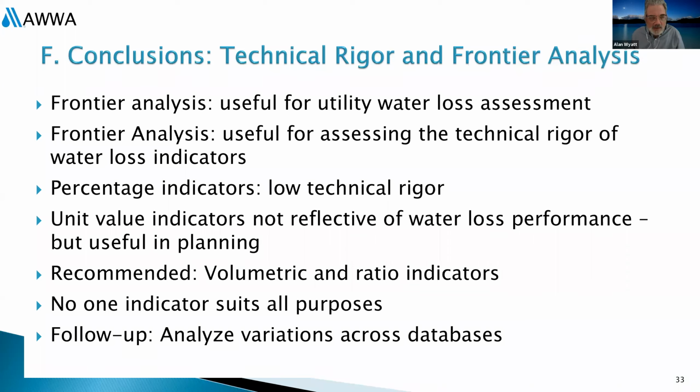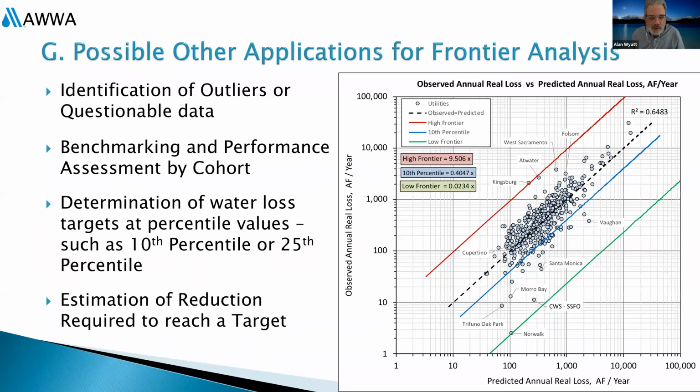indicator study. I want to do a couple of slides on some other applications for frontier analysis. There's potentially quite a few interesting things that could be done. One would be identification of outliers. And you see, this is California with 3 years of data. I apologize to those of you who don't live in California.